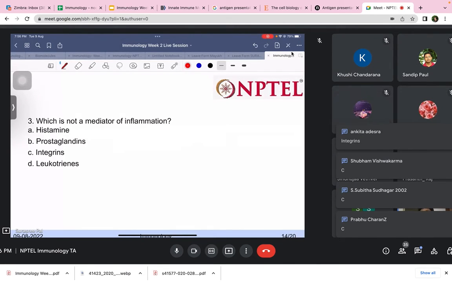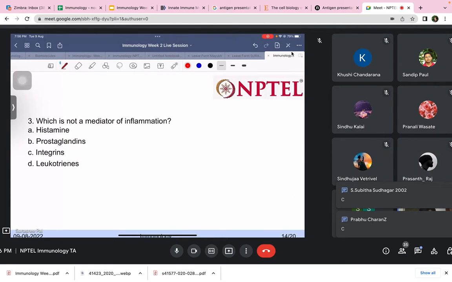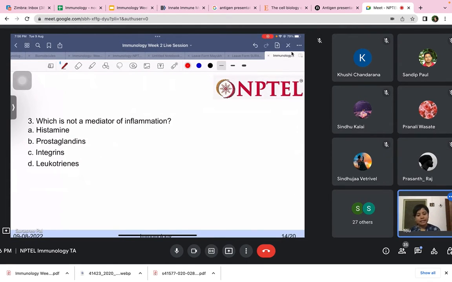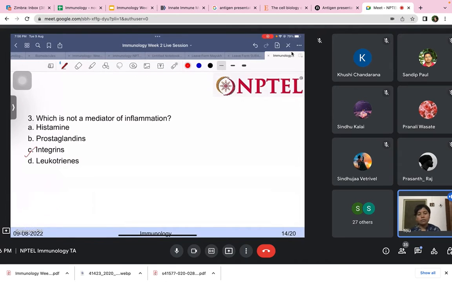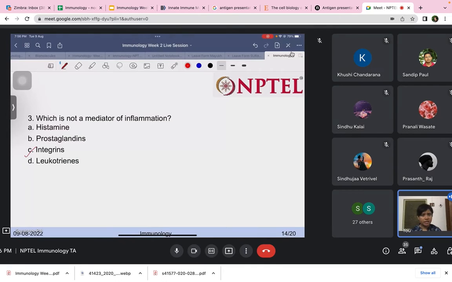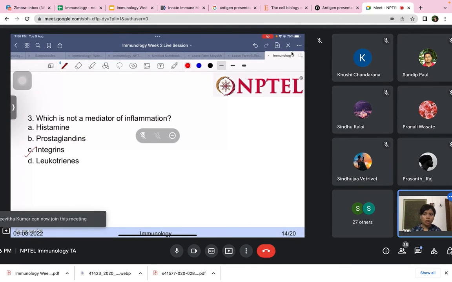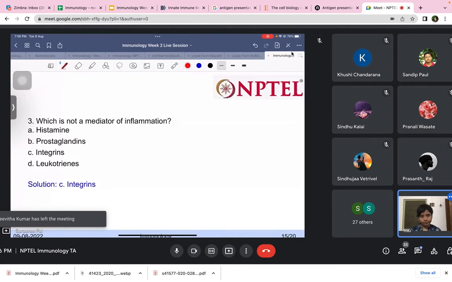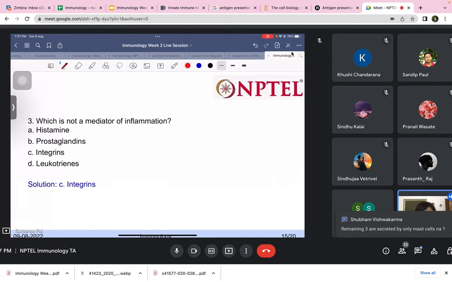The correct answer is integrins. The rest of the three molecules we already talked about: histamines, prostaglandins, and leukotrienes are mediators of inflammation. But integrin is not. Integrin is a cell adhesion molecule. Yes, Shubham, you are right. The remaining three are secreted by the mast cells.